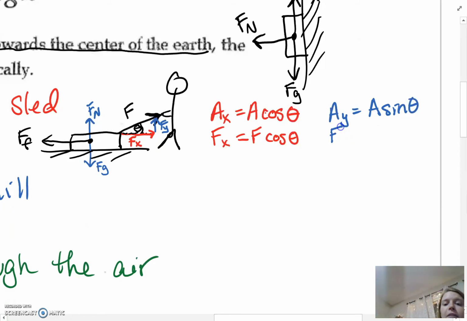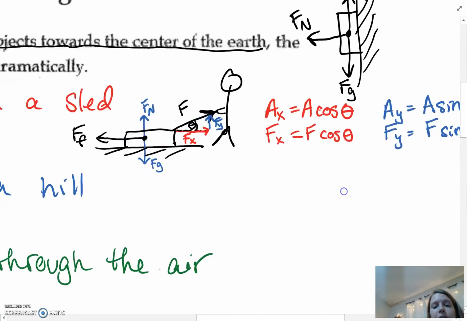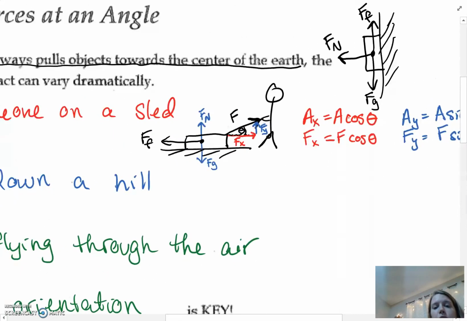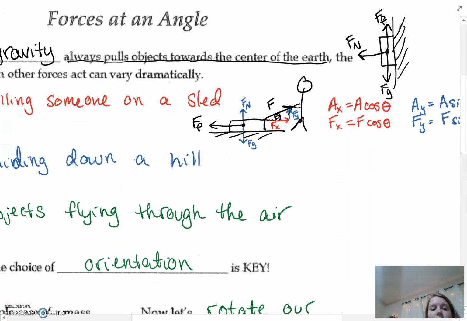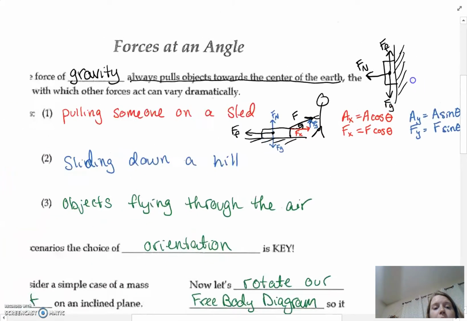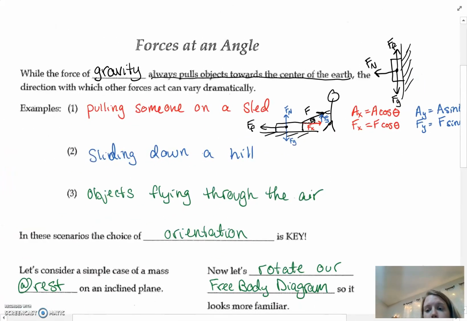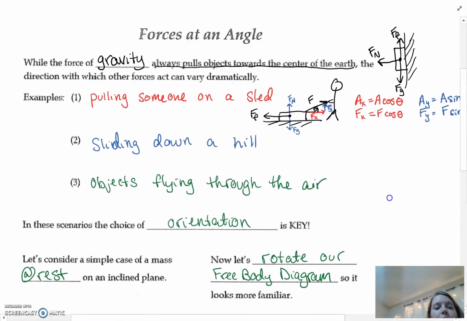So Fy is just F sine theta. So this is really the same stuff, but just allowing us to stretch our abilities to problem solve with more realistic or complicated scenarios like the real world is full of.